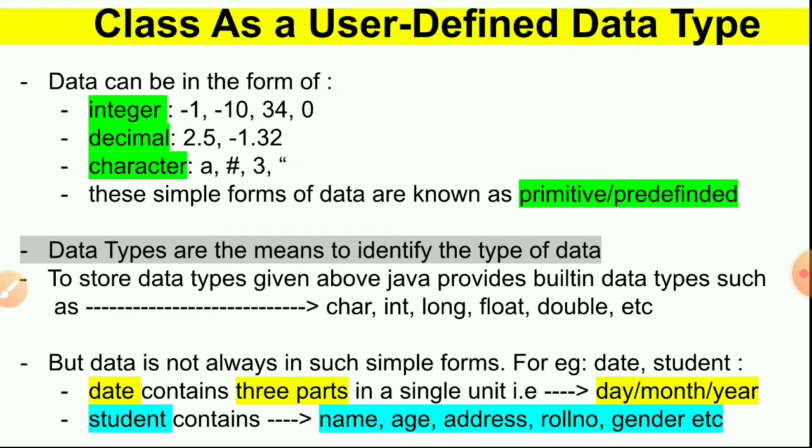So you cannot use built-in data types to store complex data such as student and date. You need something different, okay, and that something different is known as user defined data type.